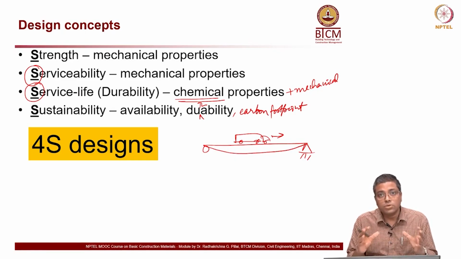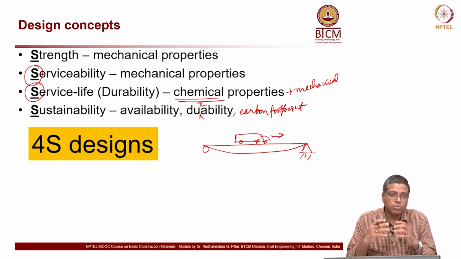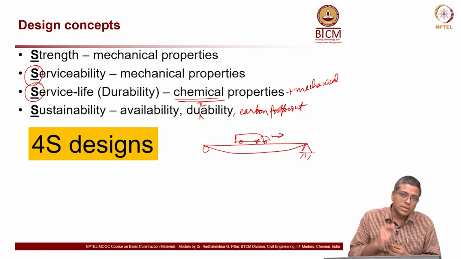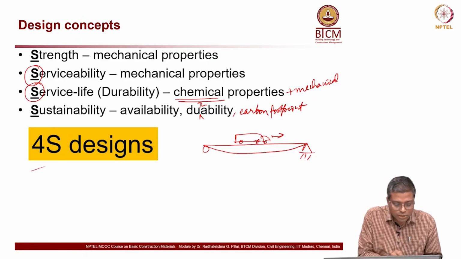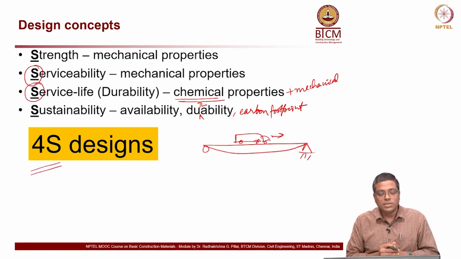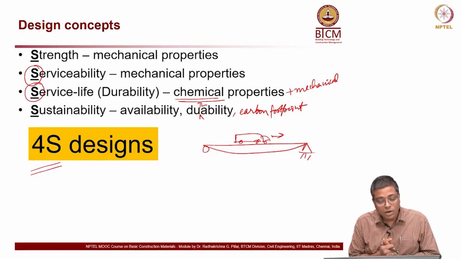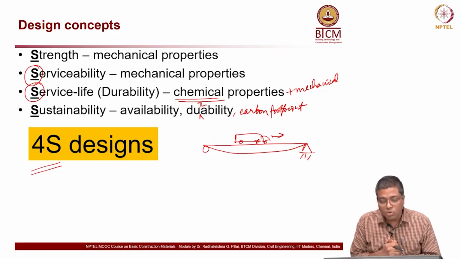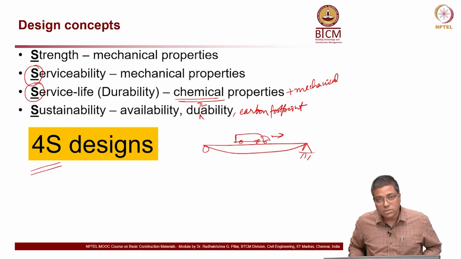People should like to use that thing forever, the technology should be sustainable, and at the same time that material should be available for as long as possible. So, I am going to call these the 4S for the design concepts. So, you can think about these design concepts. Do not worry only about the mechanical properties, you also have to think about other properties while designing structural systems.